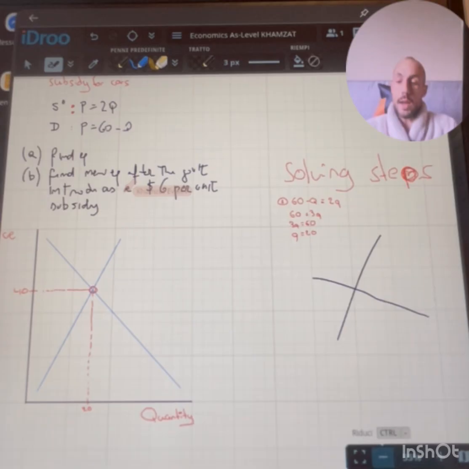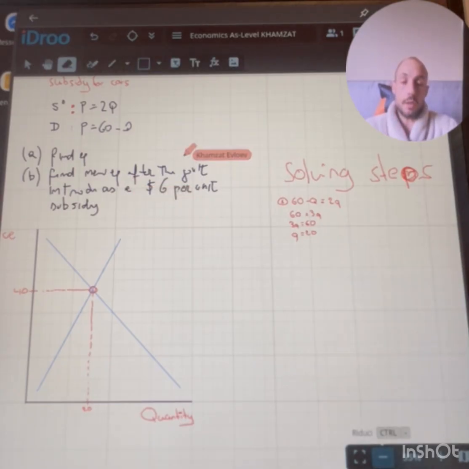Anyway, now find the post-subsidy values. Yes, after the government introduces a $6 per unit subsidy. Sorry, what is this word? Find the new equilibrium, new EQ. Equilibrium, okay.